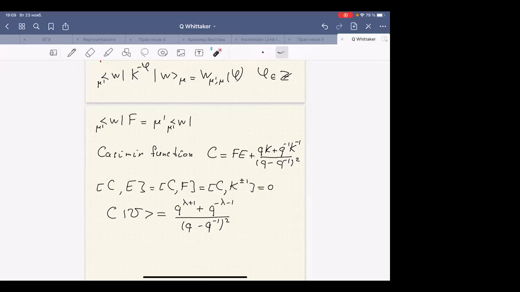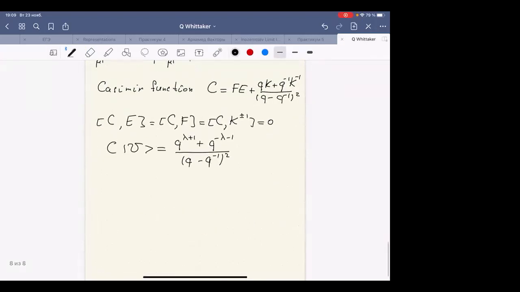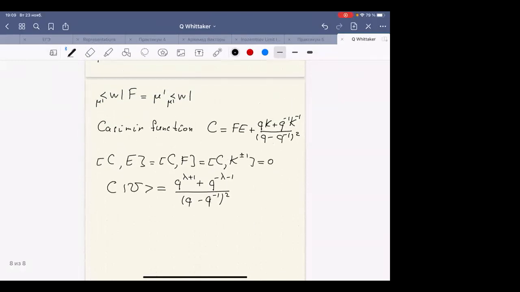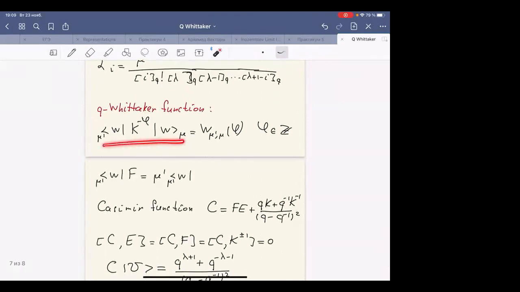Okay, this is the formula. Now we want to insert the Casimir function inside the Whittaker function here.